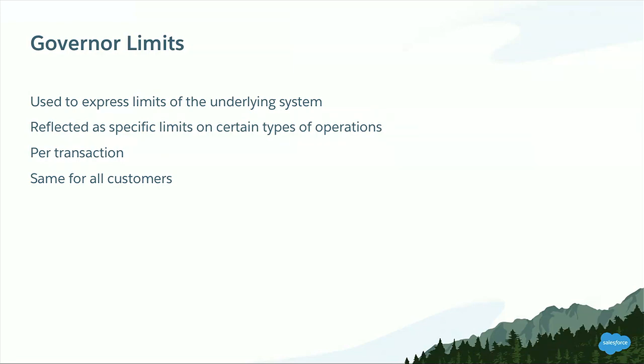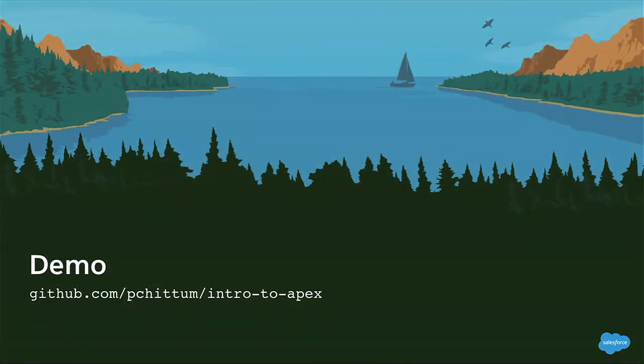So Apex is also able to put some guards, some limits, in order for your Apex code not to take too much of the server's computational power, so that it could not slow down other users or other customers. So automatically Apex enforces some limits and some checks so that your application is always running smoothly by means of governor limits. So let us see it a little bit in practice.